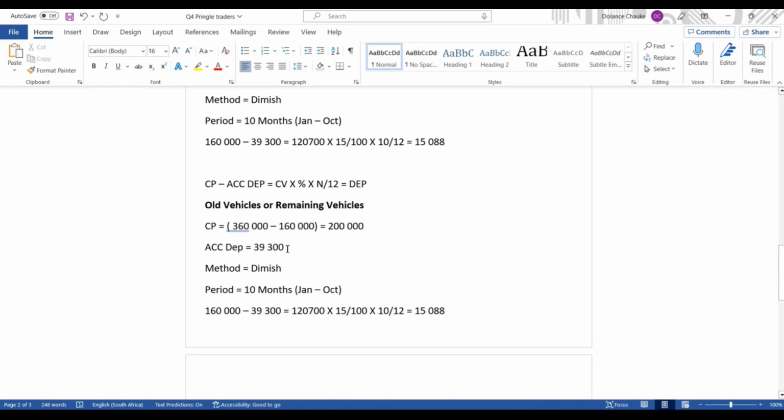To calculate it, we take the accumulated depreciation of the old minus the accumulated depreciation of the asset disposal. The same thing we did with the cost price, we're going to do with the accumulated depreciation.